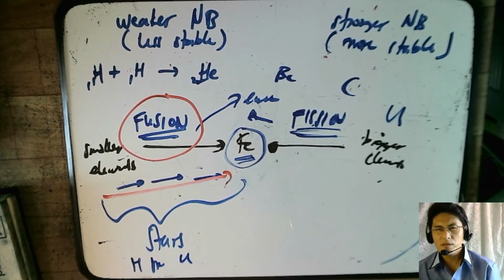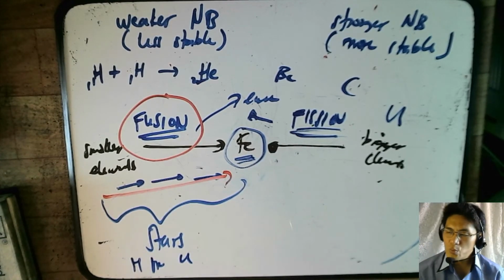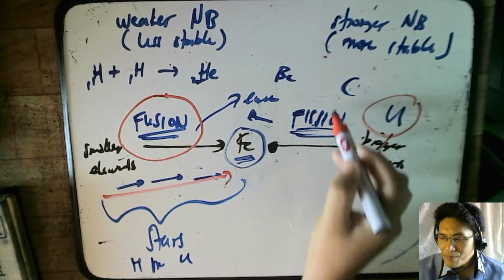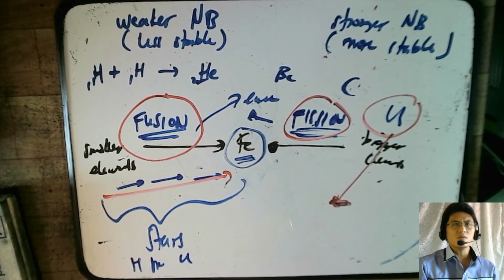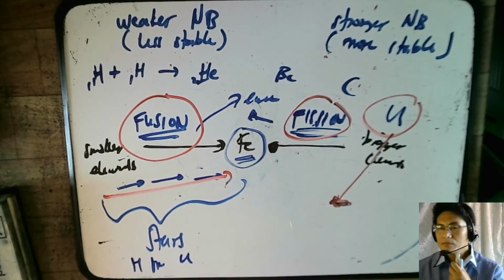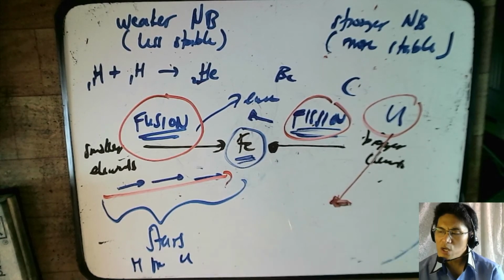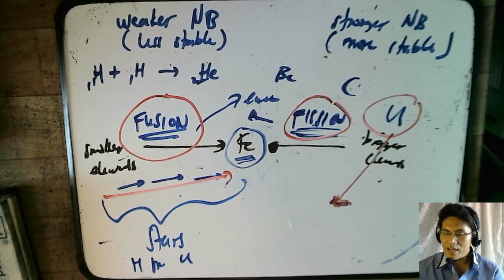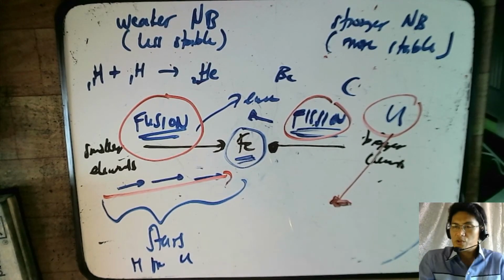But that's a problem because in Earth, when we dig up the crust, we find uranium. In fact, we are using uranium to make fission, right? So what gives? Why do we have uranium in Earth when, if we get the logic, the Earth was coming from the formation of the solar system.